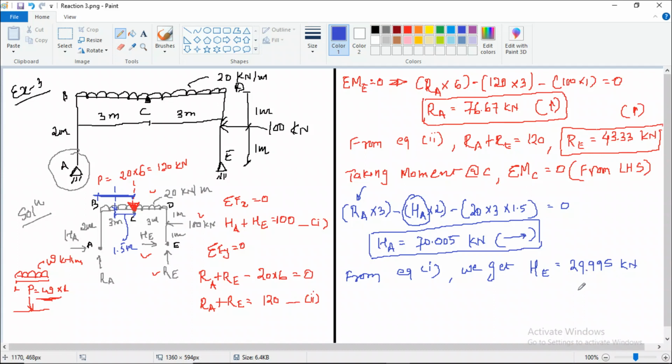This is also positive, so assumed direction is correct. And this is how we got all the values of our reactions, that is 4 reactions which are there to be calculated. So this is another variation of the calculation of the reactions.